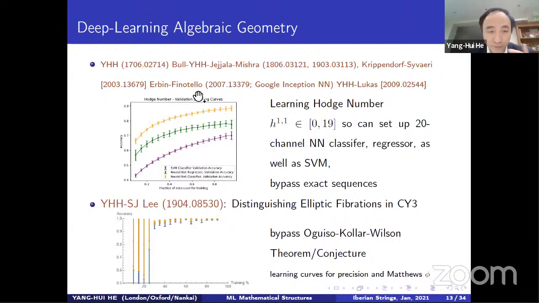there are improvements, and I want to emphasize this one by Erbin and Finotello just in July last year. They used this fancy convolutional network, and they were able to get 99.9% accuracy on predicting the Hodge number, which I think is great. It's not 100%.